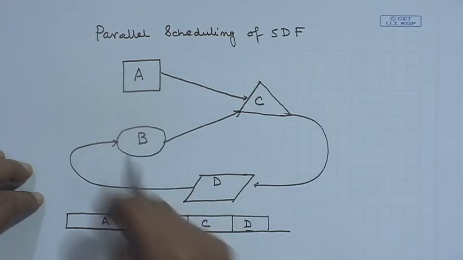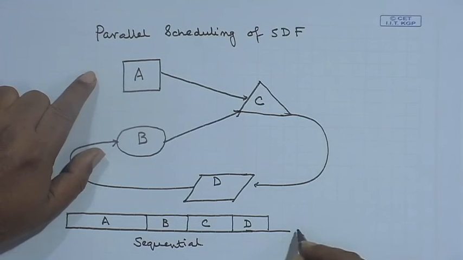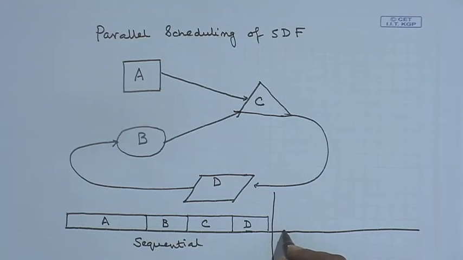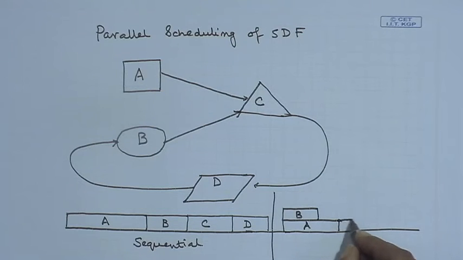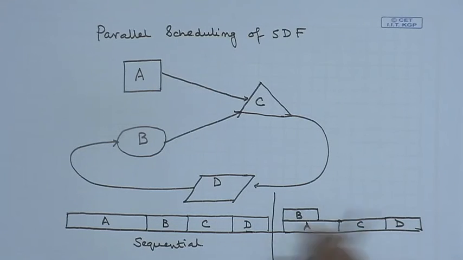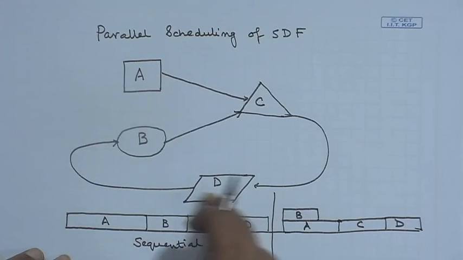But my data flow graph tells me about the dependence, and therefore, I could have arrived at a parallel schedule, where I could have scheduled A, and while A is being done, I could have scheduled B, and A and B are both finished by this time. So, I next schedule C, and then I have to schedule D. Thereby, I can save the total execution time, and that is very much clear from this data flow diagram.